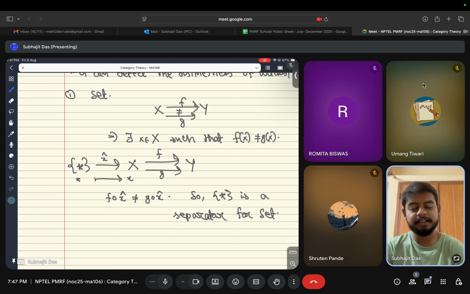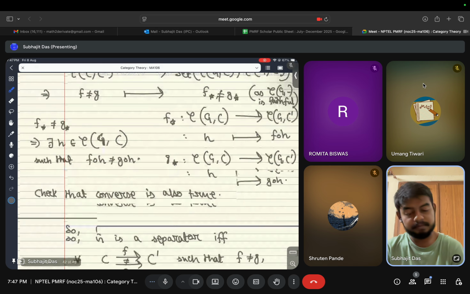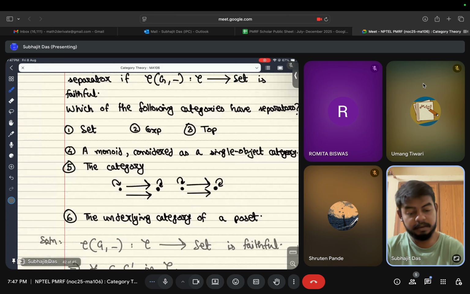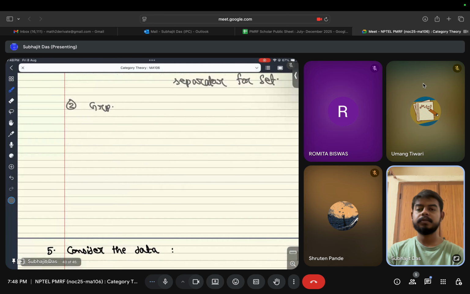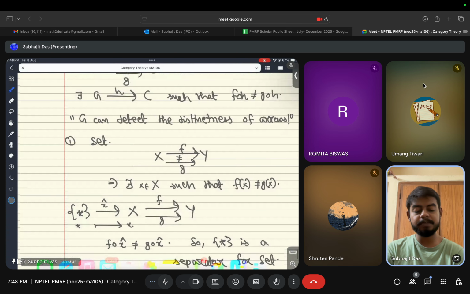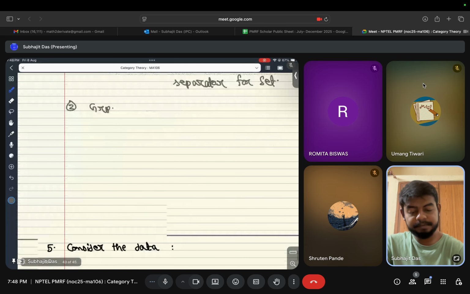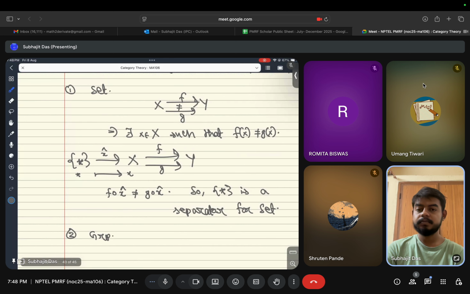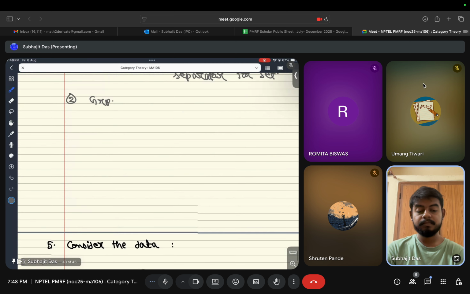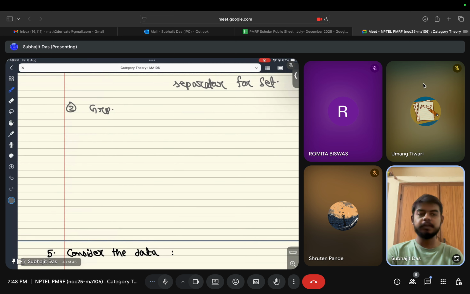That is the category of sets. What about Grp, the category of groups? We have also covered this today.